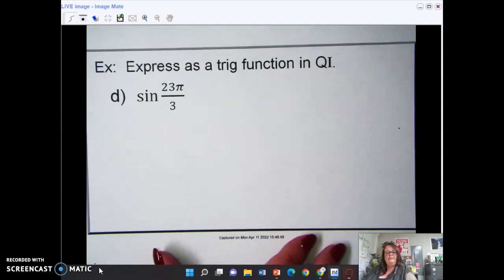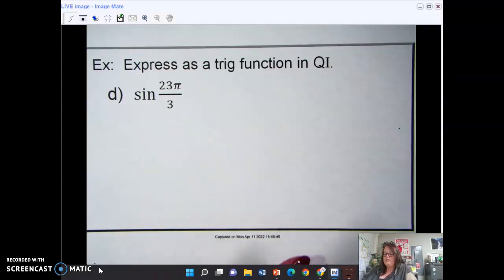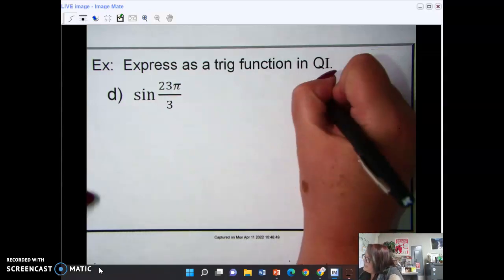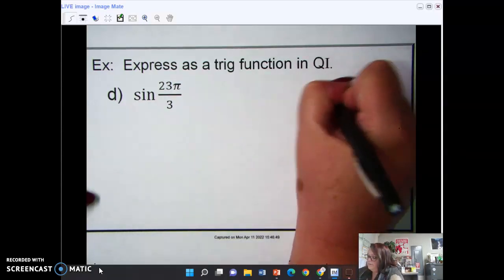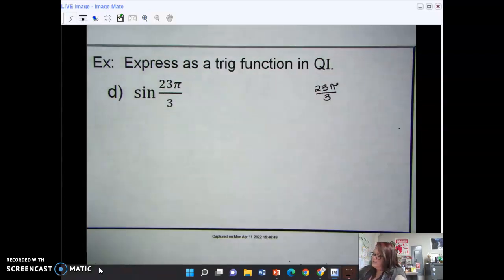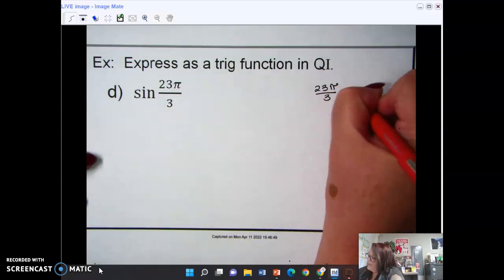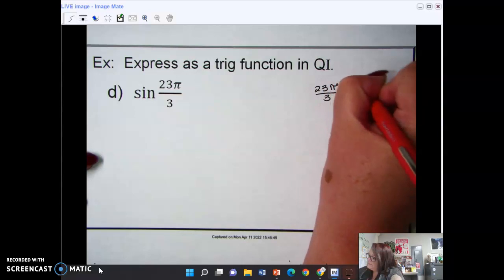Now you can work with this in radians or you can change it into degrees. That's totally up to you. So if I change this into degrees, we're going to take 23 pi over 3, and I want to divide out the radians and divide in the degrees.